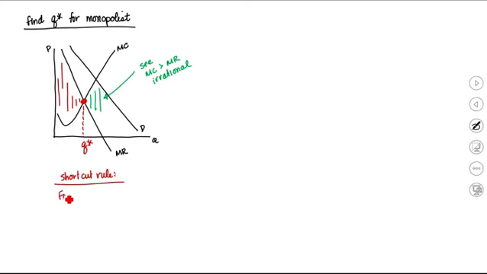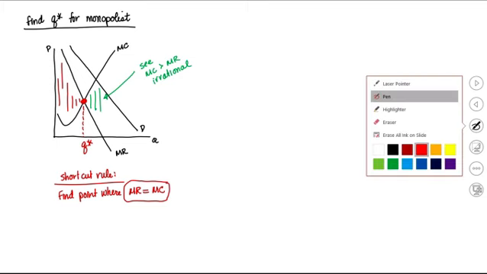Good. So I want to find the point where marginal revenue exactly equals marginal cost. Here's my shortcut rule. Does everyone agree that I have found that point where marginal revenue equals marginal cost? If they're intersecting, they have to be equal, right? So my shortcut rule, find the point where marginal revenue equals marginal cost.